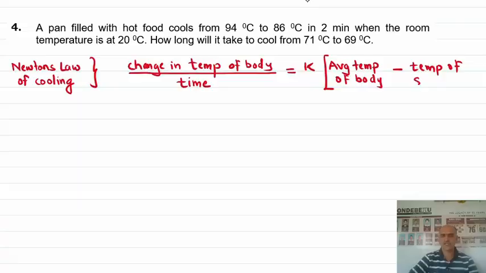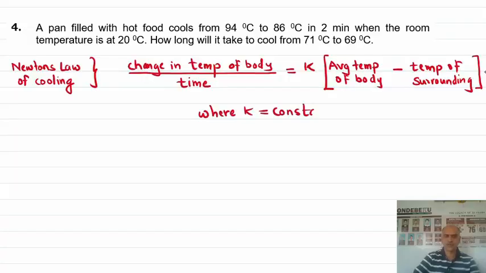Here K is a constant. So if you remember this formula, it will be very helpful. Using this formula in 2 or 3 steps, you will be able to solve the problem.